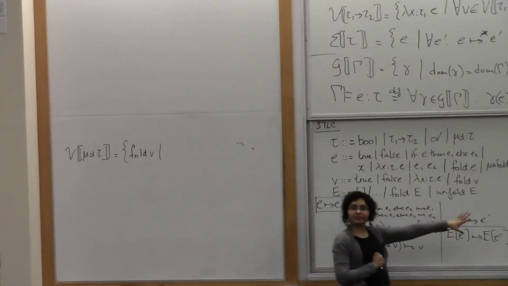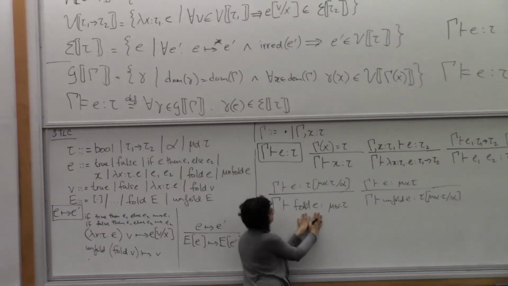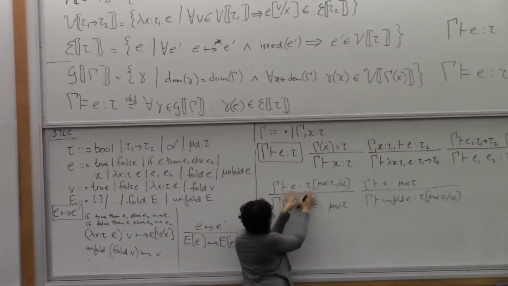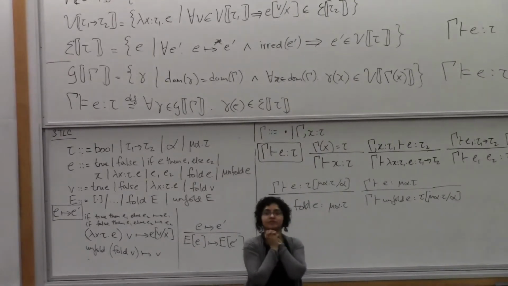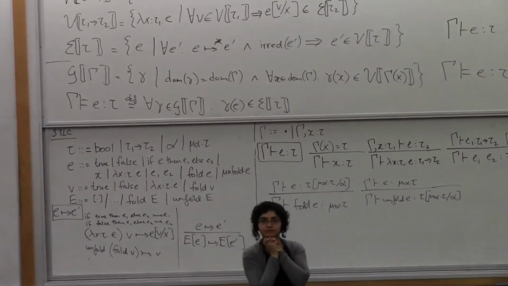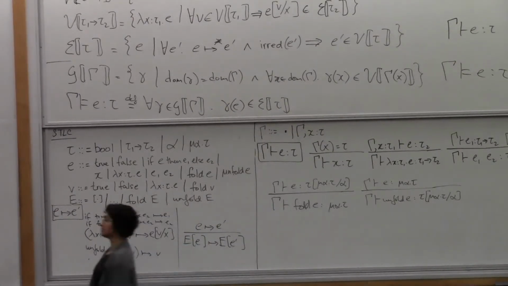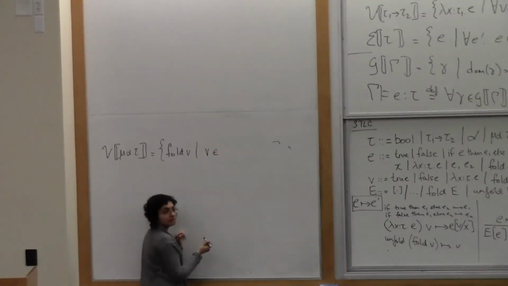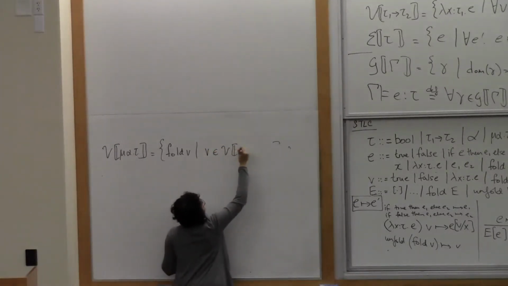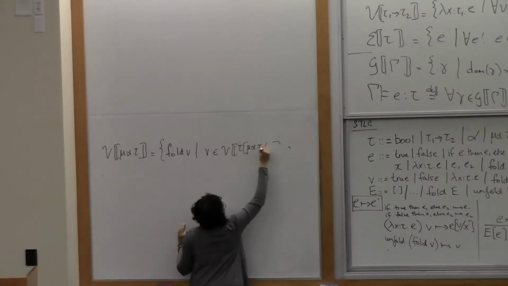Let's go look at the typing rules for a hint. If we had a fold V, the underlying V should behave like it has type tau with mu alpha tau for alpha. Yeah? So why don't we just say that? That's basically what we want. We want to say that V behaves like something of type tau with mu alpha tau for alpha.